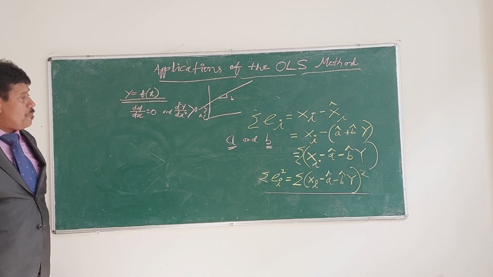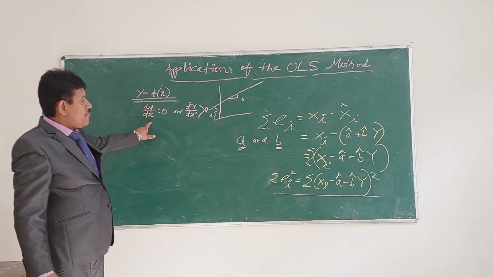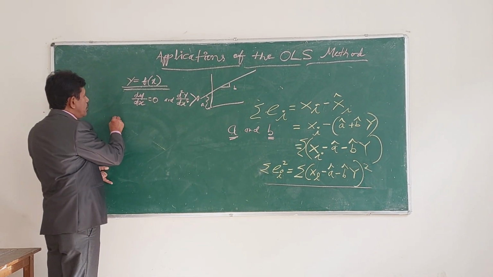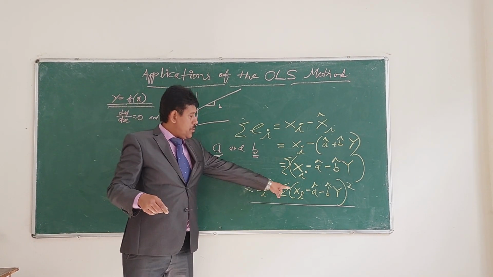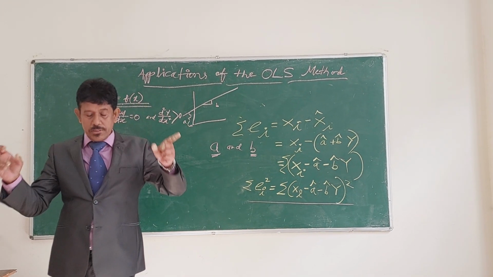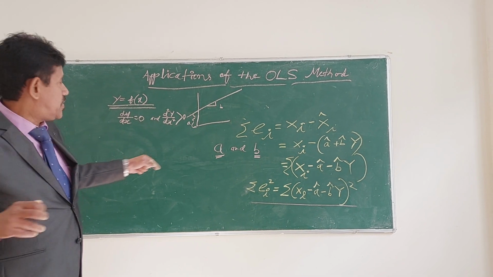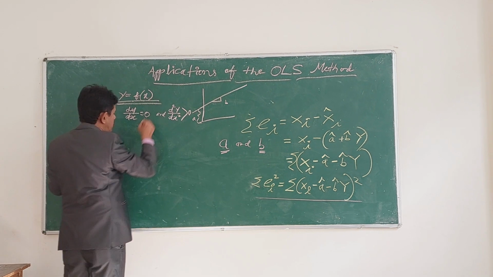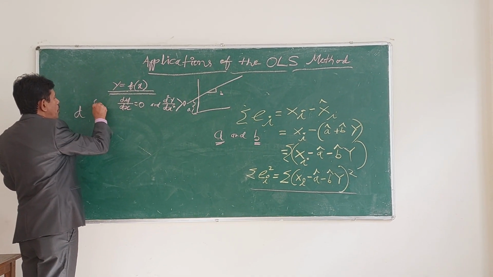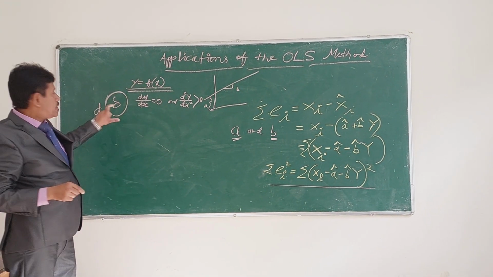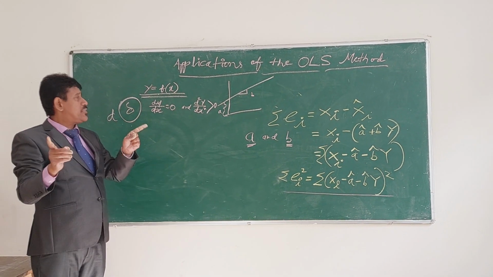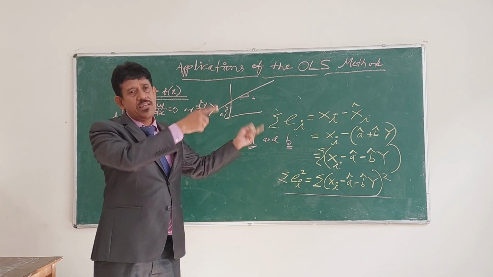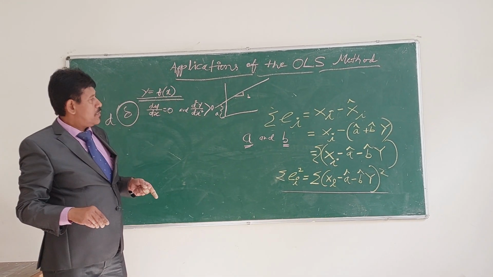Now here you see the application of the first order condition. This is a case of an equation of two variables, so we shall have to apply partial differentiation here. This is simple differentiation. In case of partial differentiation, instead of d, we use del. What is the difference between simple differentiation and partial differentiation? That is another matter that cannot be discussed in this particular class.